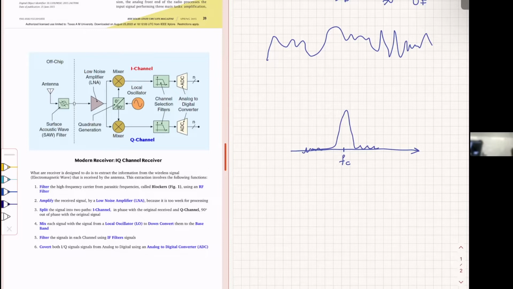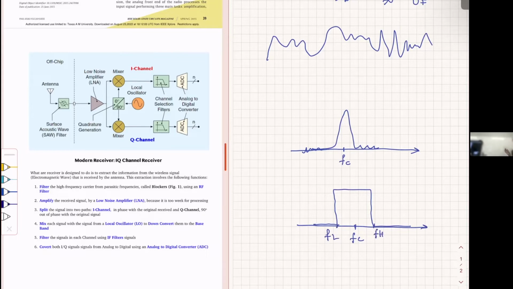Okay? So if my signal comes like that, why do I want to use a filter? What the filter does is, for example, if this is your signal and you have a bandpass filter, the bandpass filter in frequency looks like this. So this is your center frequency. This is the lower frequency. This is the higher frequency. All right.